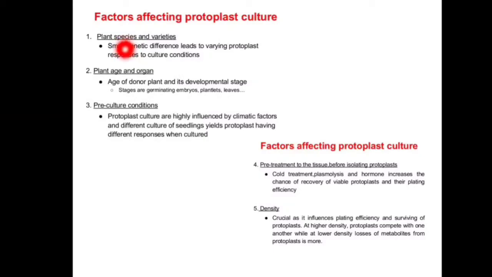It depends on which part of the plant we choose, that is leaf, root, fruit, or endosperm, and whether it is a healthy or an unhealthy plant. So the first factor is plant species and varieties.